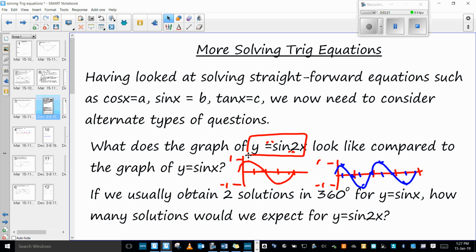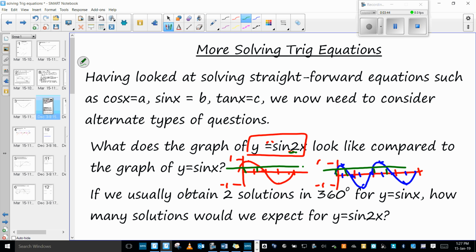So where, for example, we've been solving these and drawing lines and saying, lovely, I've got 2 solutions within my 360 degrees, how many solutions would we have here? 4. Yes? So when this number is changed, it means you're going to have more solutions to consider.